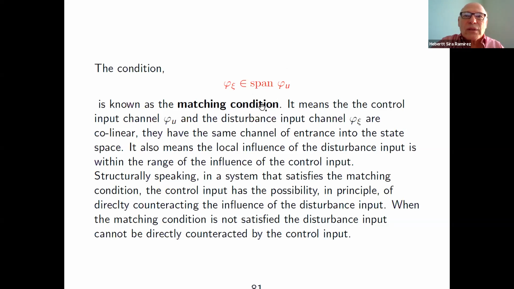The matching condition is important in sliding mode control, for instance. You can show that something like this happens in sliding mode control, and if that condition is not satisfied, no matter how robust you think the sliding mode control is, the zero dynamics associated with the sliding mode controller is affected by the disturbance, and therefore you will not be as robust as you think.